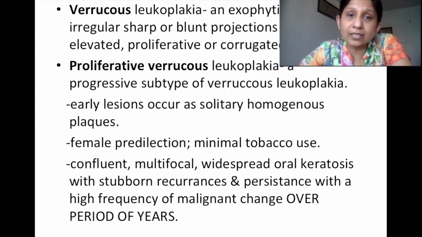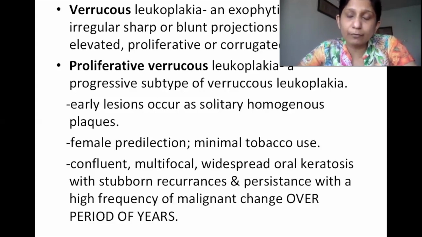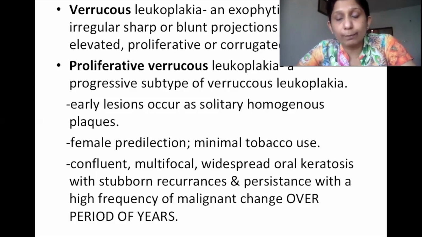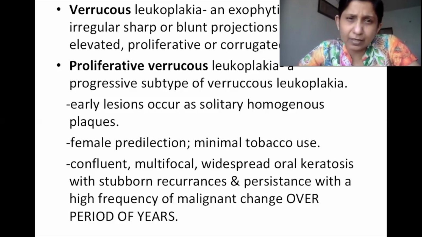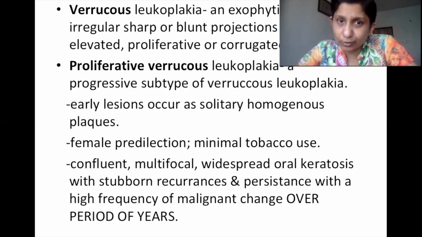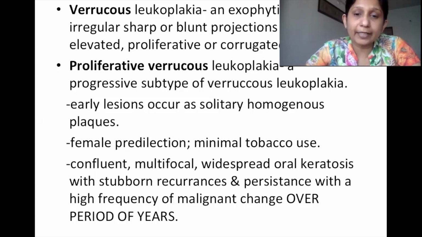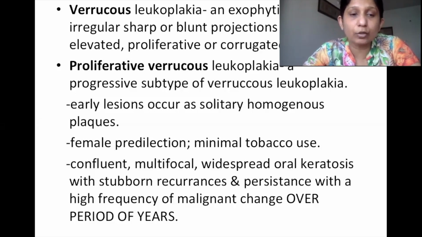The early lesions are seen as a solitary homogeneous plaque, and there is female predilection and minimal tobacco use, which means that this is a very long-standing lesion, but associated with minimal use of tobacco and predilection in females. It is confluent, multifocal, widespread oral keratosis with stubborn recurrences and persistence, with a high frequency of malignant change over a period of years.